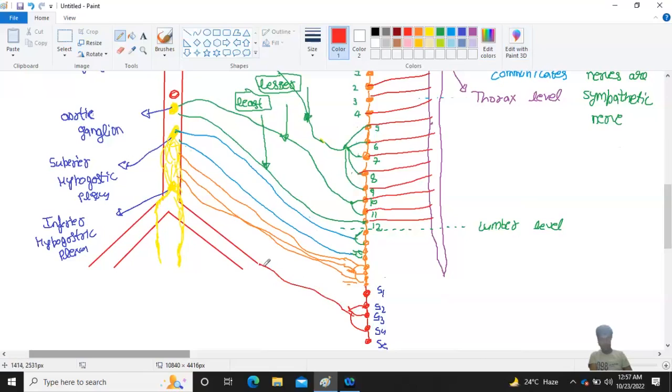These again drain into the inferior hypogastric. Wait, we also use red color.